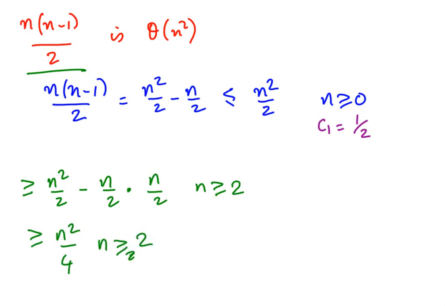I have one upper bound when n is bigger than 0, one lower bound when n is bigger than 2, and so I can now combine these. If I choose n0 to be equal to 2, c1 equal to half, and c2 equal to 1/4, then this always lies above 1/4 n squared and always lies below half n squared, provided n is bigger than or equal to 2.